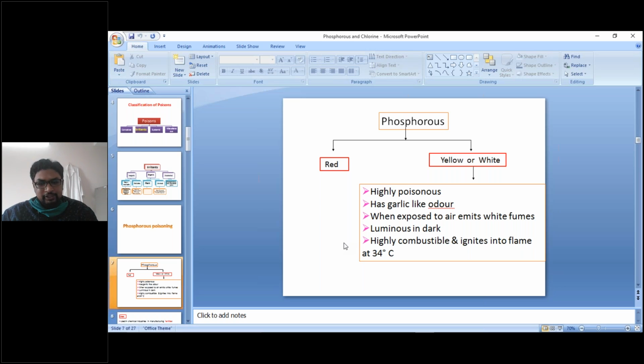They are highly combustible and ignite into flame at 34 degrees centigrade. So a little bit of heat will cause ignition in case of phosphorus.